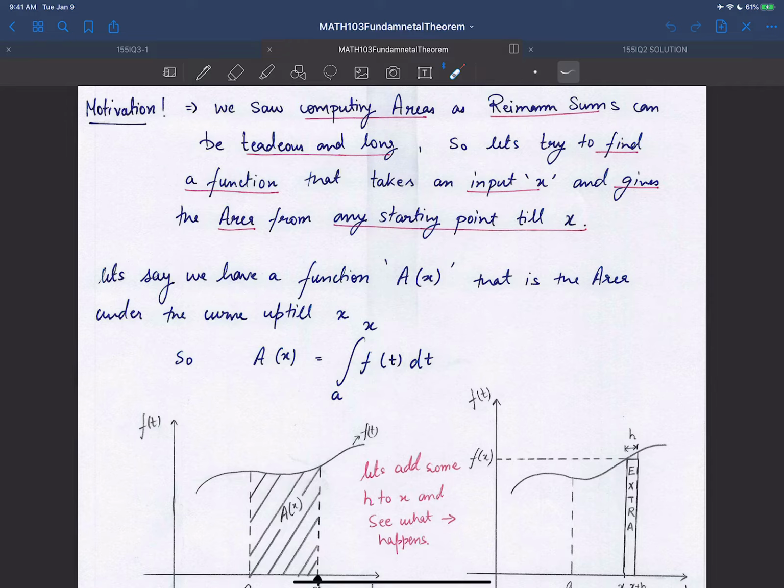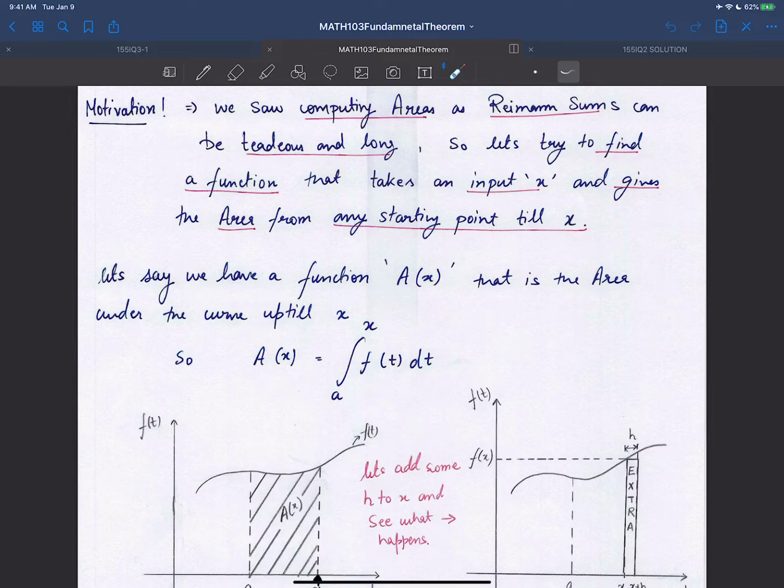We can say the function A is the area function, and this will depend upon the x that you choose, because you have to specify the end point of an integral. We're going to call it the area function, A of x. That gives you the area up to some x point.